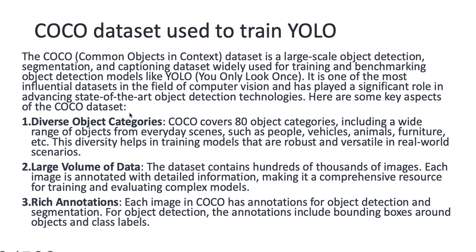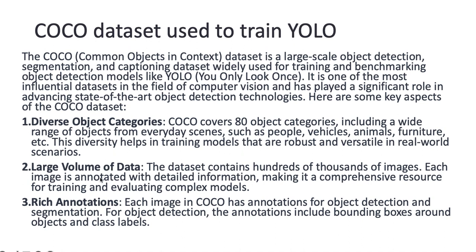These are the key aspects of the COCO dataset. It has diverse object categories. COCO covers 80 object categories, including a wide range of objects from everyday scenes, such as people, vehicles, animals, furniture, etc. This diversity helps in training models that are robust and versatile in real-world scenarios.